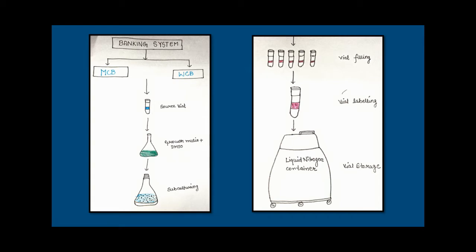It is very important to label the vials properly for identification of the cell line and the cell concentration. Once labeled, the vials are stored in a liquid nitrogen container at -196 degrees Celsius. The cell vials can be stored in the liquid phase or the vapor phase of nitrogen, according to the demand of the cell line.